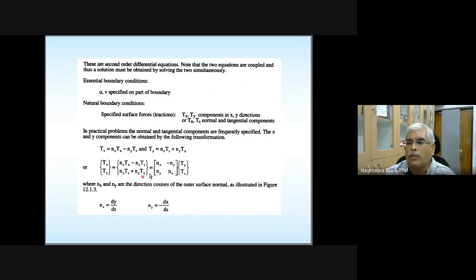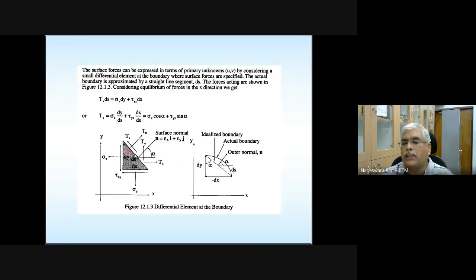You can go through this, and please note that you need to spend some time here. And what are nx and ny? They are defined in terms of what is shown here. nx is the x component of the normal, ny is the y component of the normal. And how are nx and ny calculated?